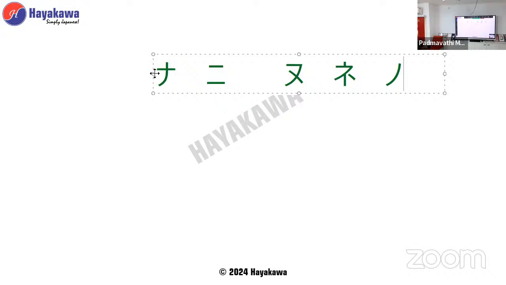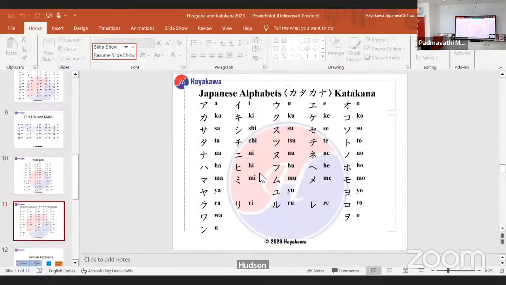All right. So now what about the next series? H series. Ha, he, fu, he, ho. So here it is a fu, right?